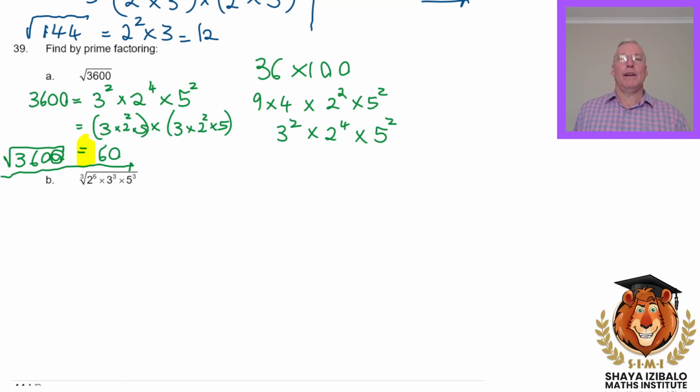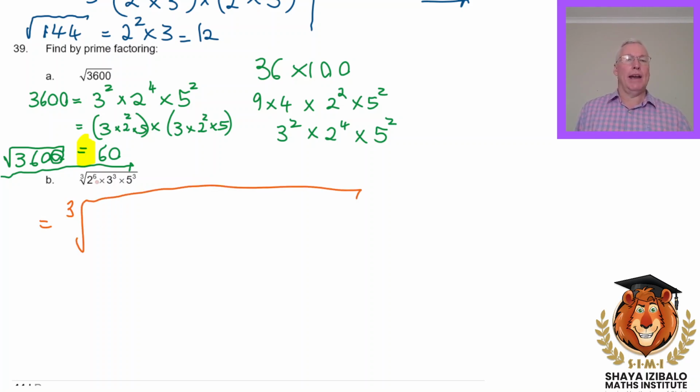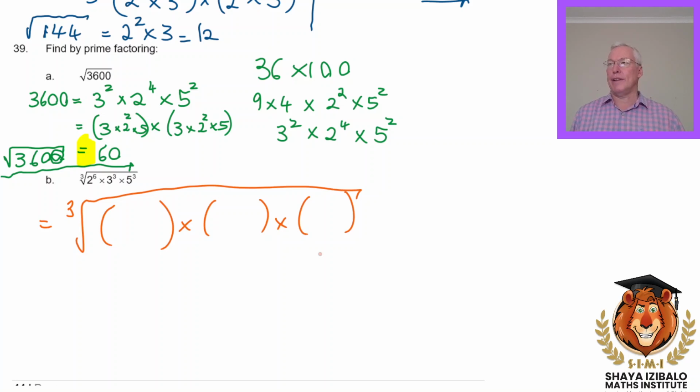All right. Now, inside this cube root sign, we've got this big number, okay? But it's made up of 6 2's, 3 3's, and 3 5's. Let's see if we can break it into 3 groups. 3 identical groups, all exactly the same. What must I put in each group?